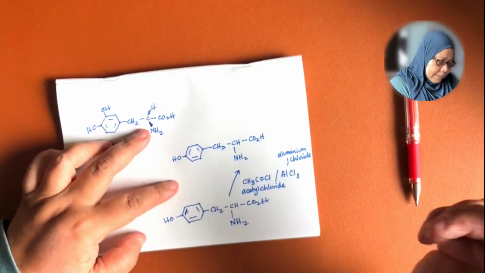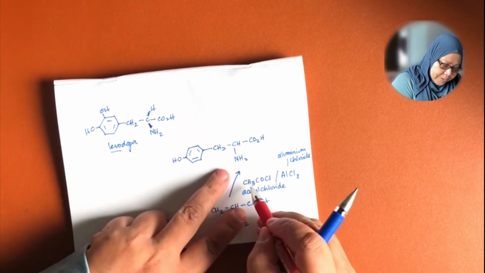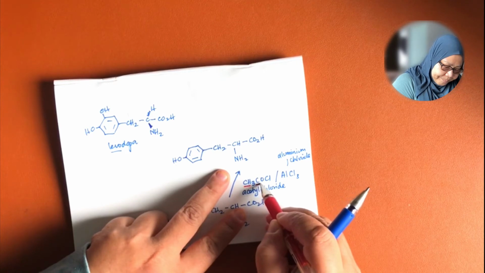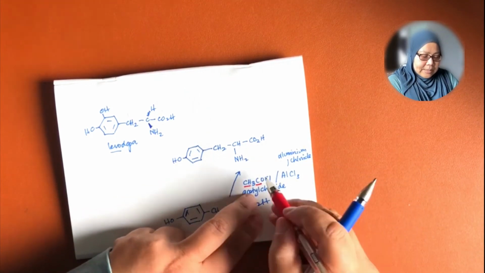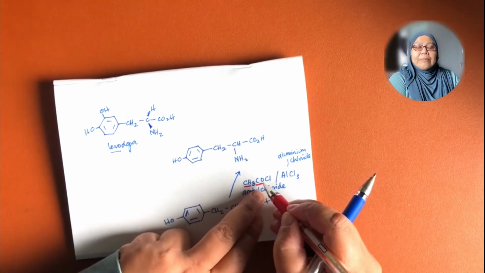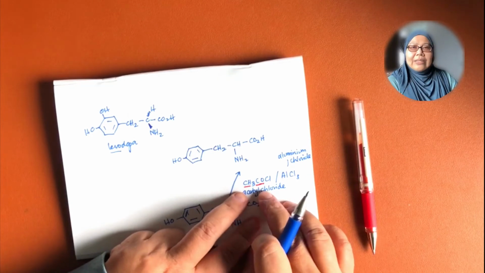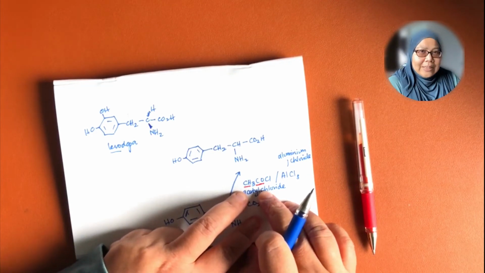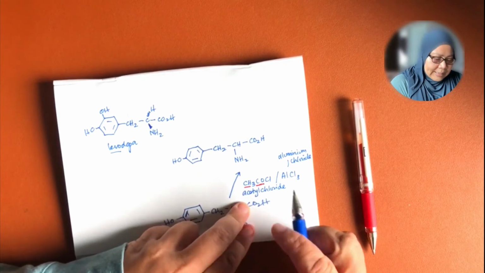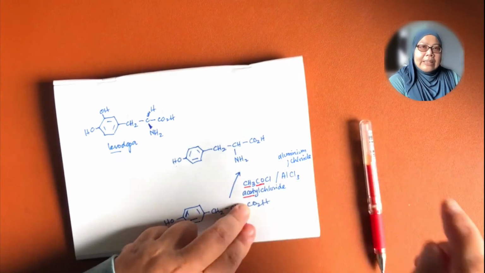What will happen is that it will add on only this part of the molecule, including the oxygen, the carbonyl group. It's just a simple acetylation. You are right if you think that it's just adding on the acetyl group.